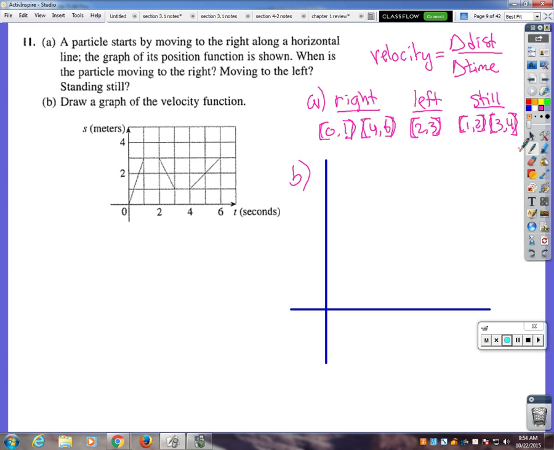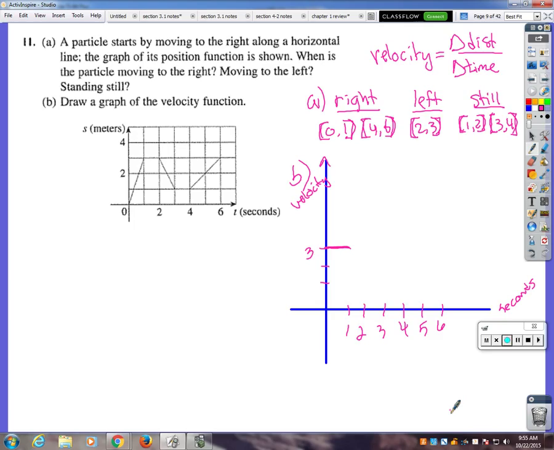What is the velocity when it's moving to the right from 0 to 1? 3. The velocity from 0 to 1 is 3. So at 3, I'm just going to draw a whole segment.